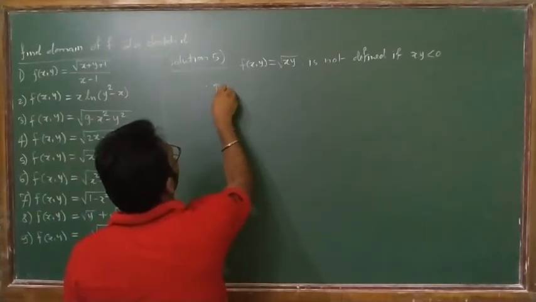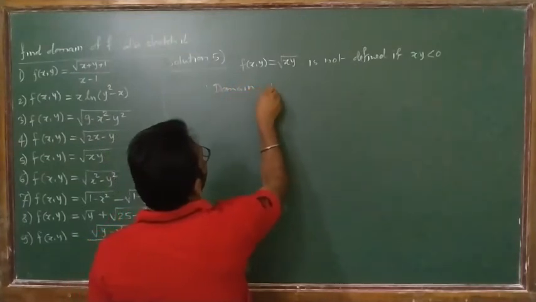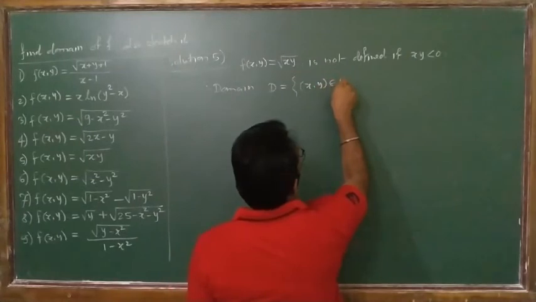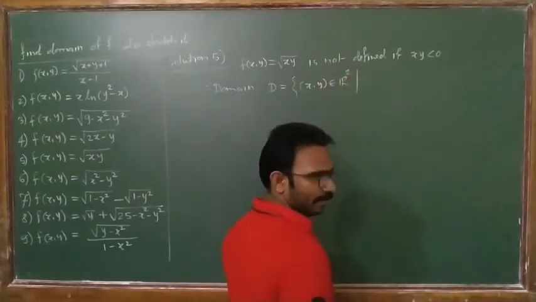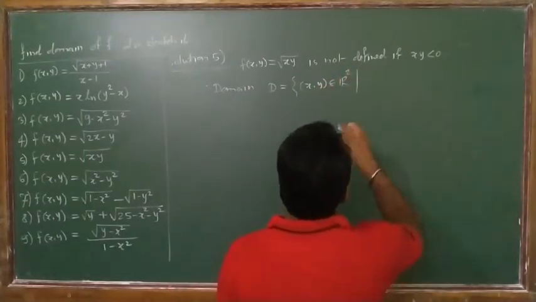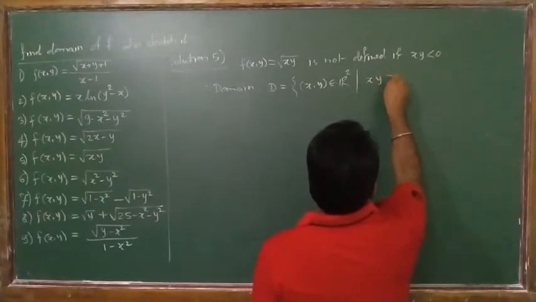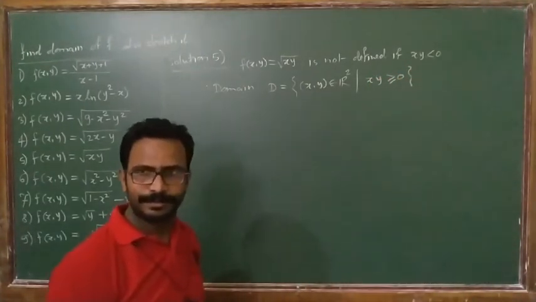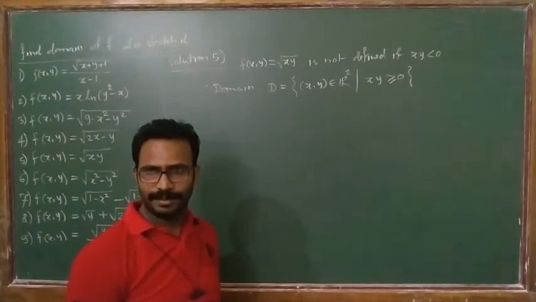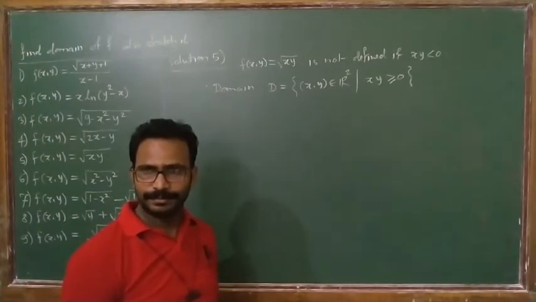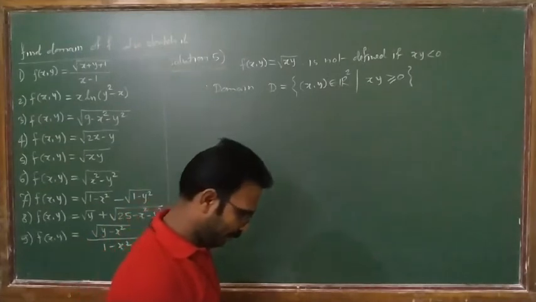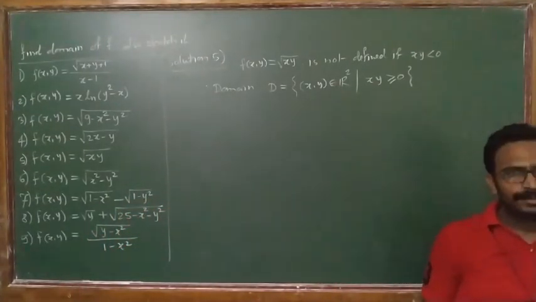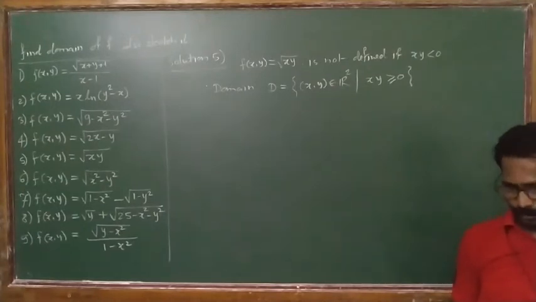Therefore, the domain should have those points of R2 such that xy should be greater or equal to 0. So when the product will be greater or equal to 0, the product will be 0 if one of them is 0 or both are 0.